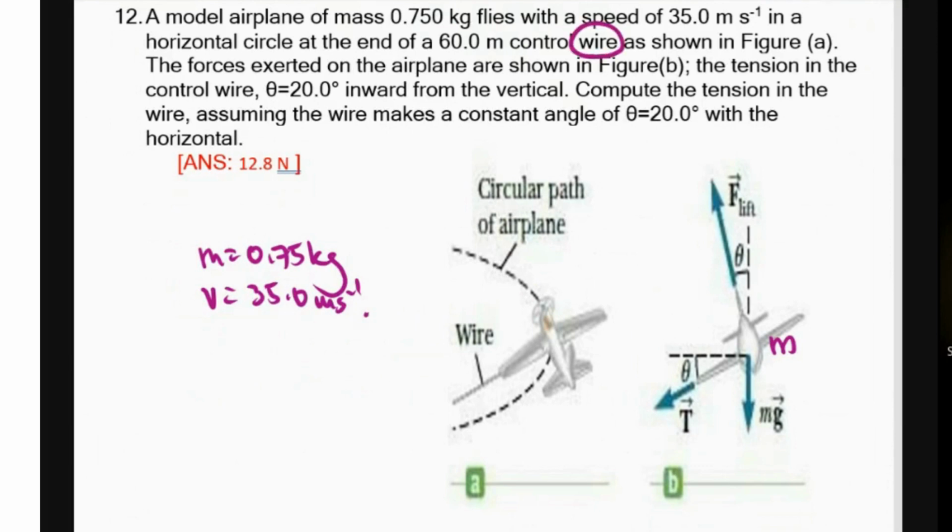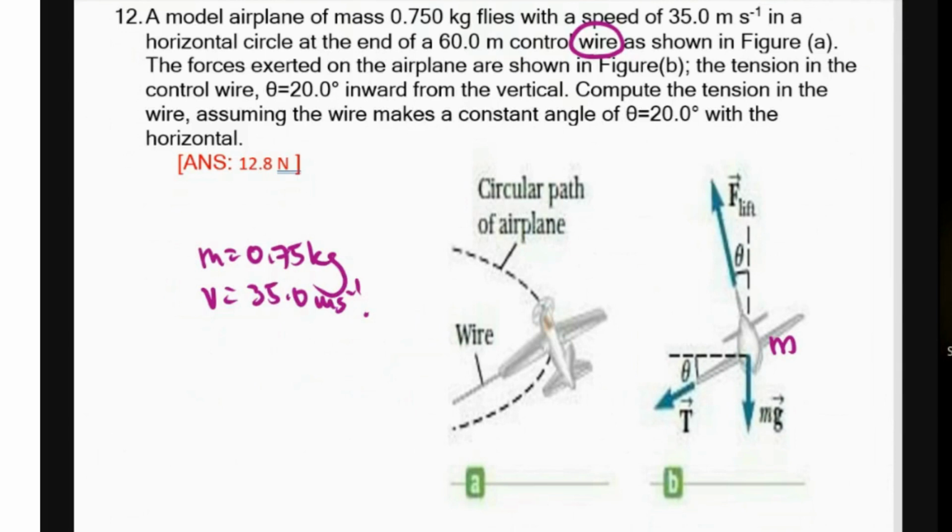So there must be tension present because attached to the airplane is a wire. So wire creates tension. 60 meter, so the wire length is 60 meter. This is not the radius, no. The radius is not along the wire because, read the next sentence, the force exerted on the airplane is shown and the tension in the wire is 20 degrees inward from the vertical.